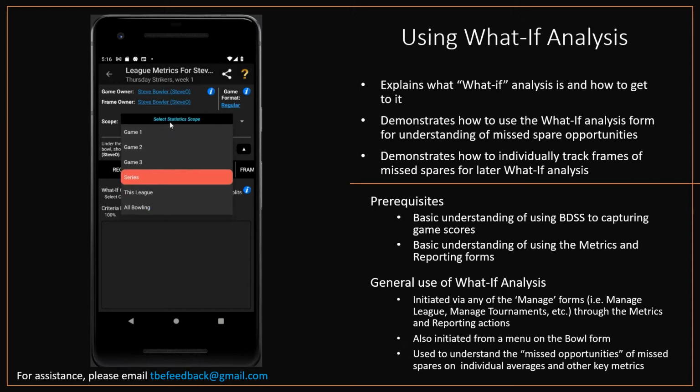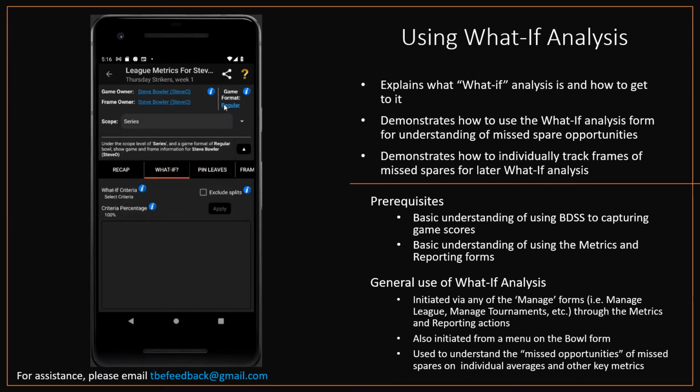Scope defines the bowl level to perform the analysis on, with possible choices of game, series, this league, or all bowling, and game format tells What-If Analysis to only use regular games bowled, no tap games bowled, or both. Again, I encourage you to watch the video Metrics and Reporting Part 1 to better understand the purpose of game owner, frame owner, scope, and game format. To best demonstrate What-If Analysis, I'm going to select a scope of this league.